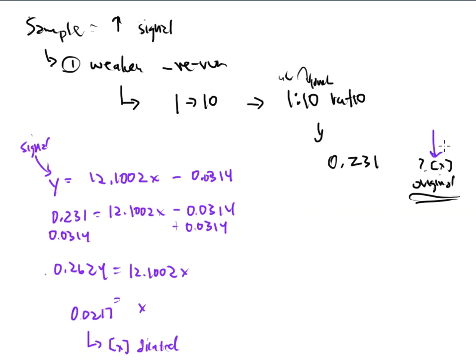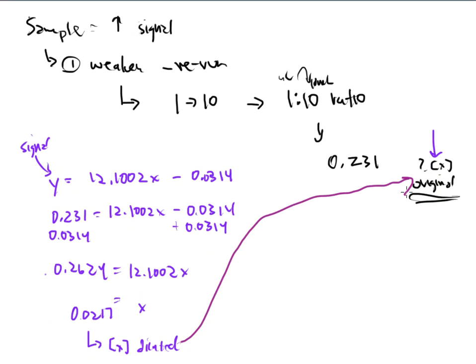But the question said, what's the concentration of the original? So I've got to use this concentration, and I've got to figure out the concentration of the original, because that concentration I wasn't able to analyze. It was too strong. So how do I do that?